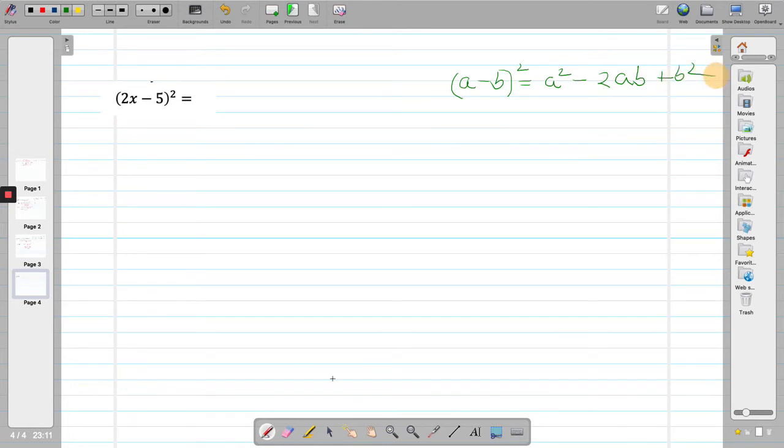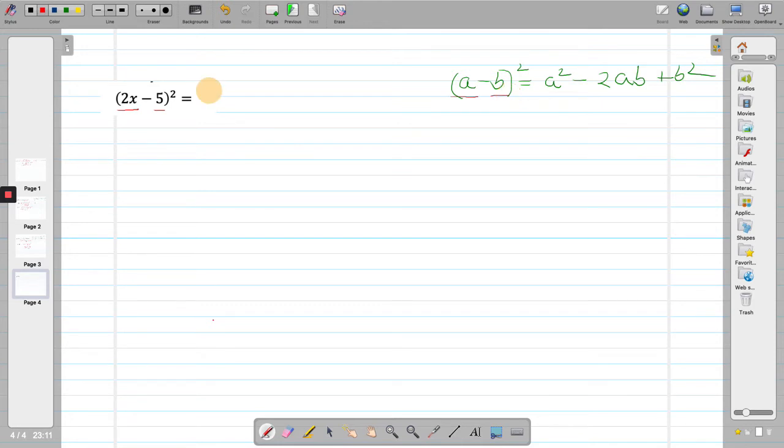Now our a is what? This is a little bit trickier, so you have to be careful, because a is 2x here. Can you see? 2x is a and 5 is b. So if I compare, a is 2x and b is 5.